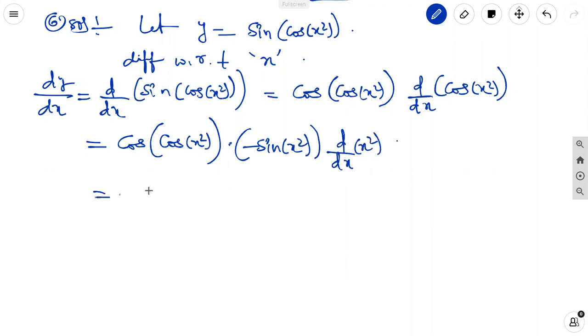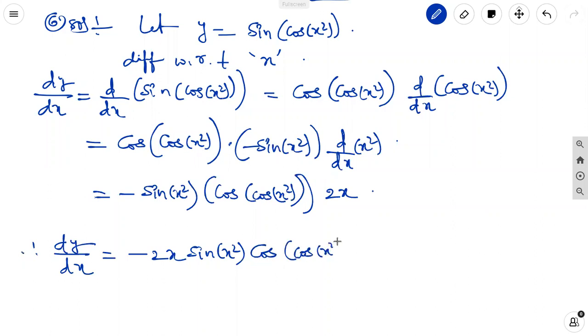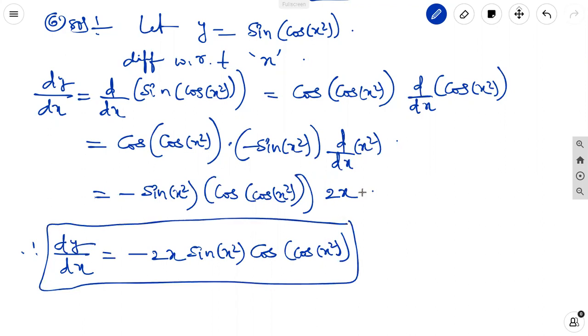So it is equal to minus sin of x square into cos of x square. Again x square differentiation is 2x. Therefore, dy by dx equal to minus 2x sine of x square cos of x square. It is the derivative of the given function.